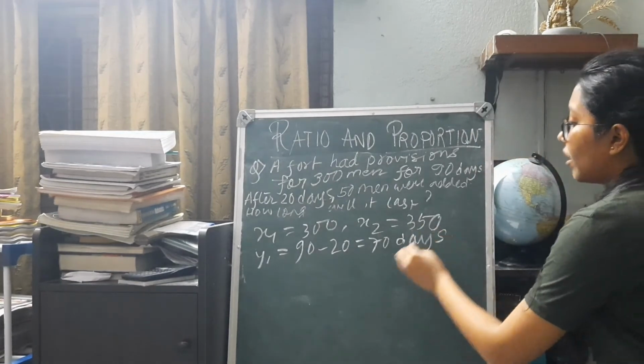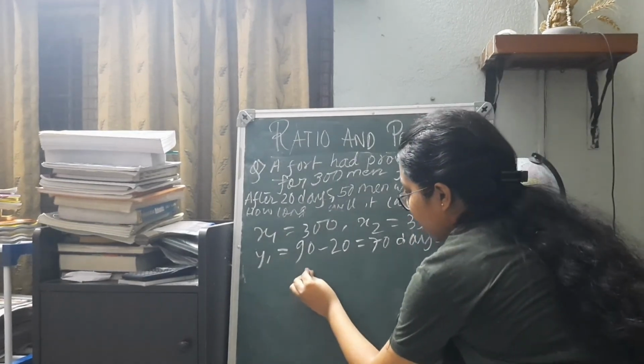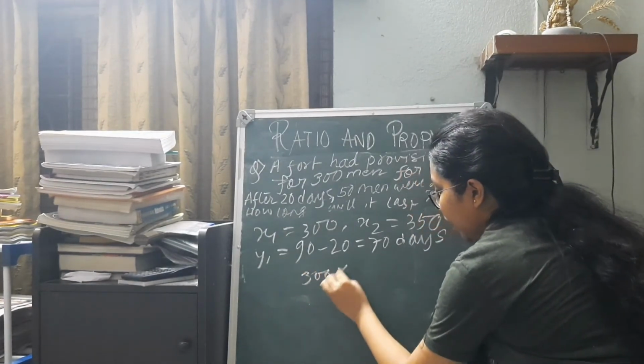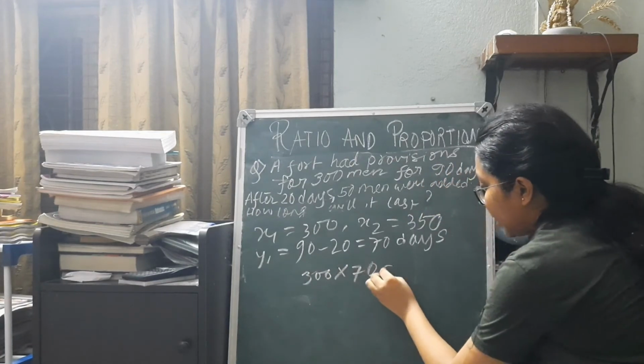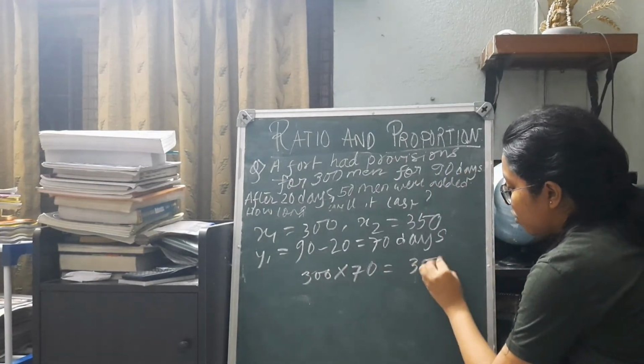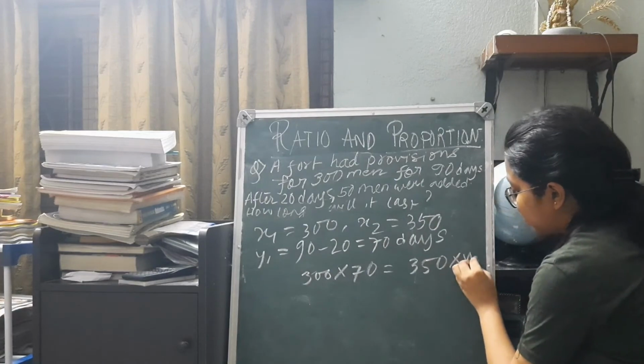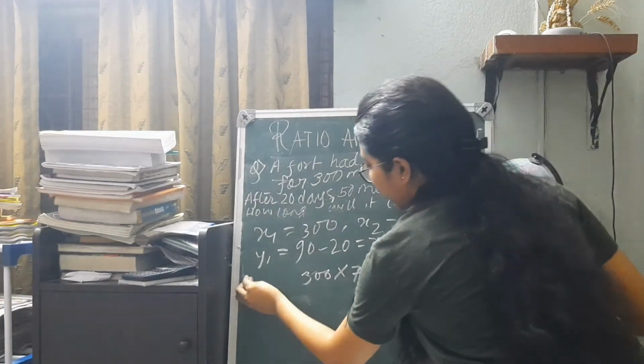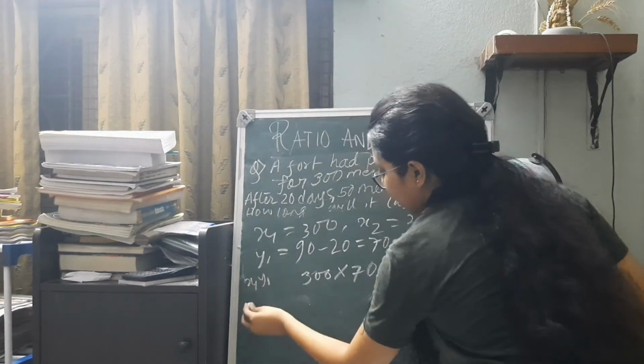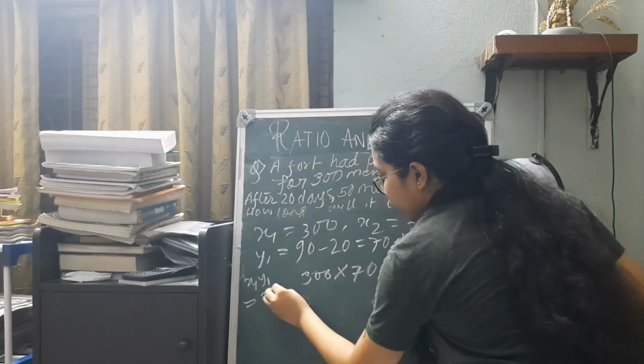So x1 y1, that is 300 into 70, is equal to x2 y2. I am writing the relation here, x1 y1 is equal to x2 y2.